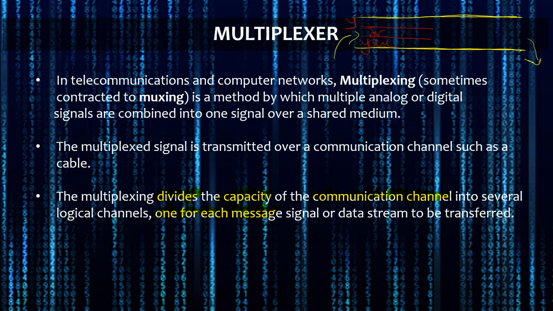So here I have three different channels for three different types of signals, and all are traveling through a single communication channel, right? This yellow one is my communication channel, and I am passing all the data through the single communication channel. So I can also say that all three applications are sharing a single medium, right? So this is the concept of logical division of the communication channel.